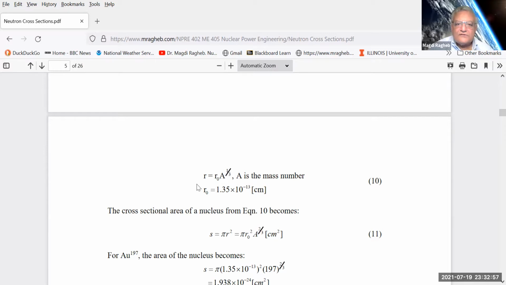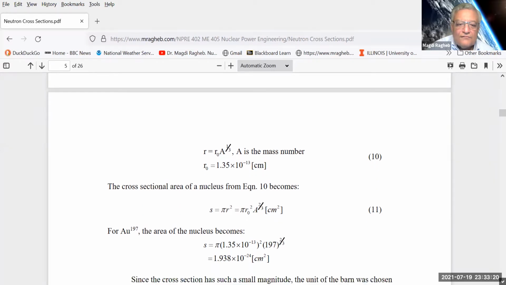So if we take the cross-section in that case, just take the cross-sectional area as pi r squared, take that r and square it, you'll find that the actual cross-section of a nucleus is proportional to the mass number to the 2/3 power. 2 because it's squared and 1/3 because it's a volumetric factor in general.